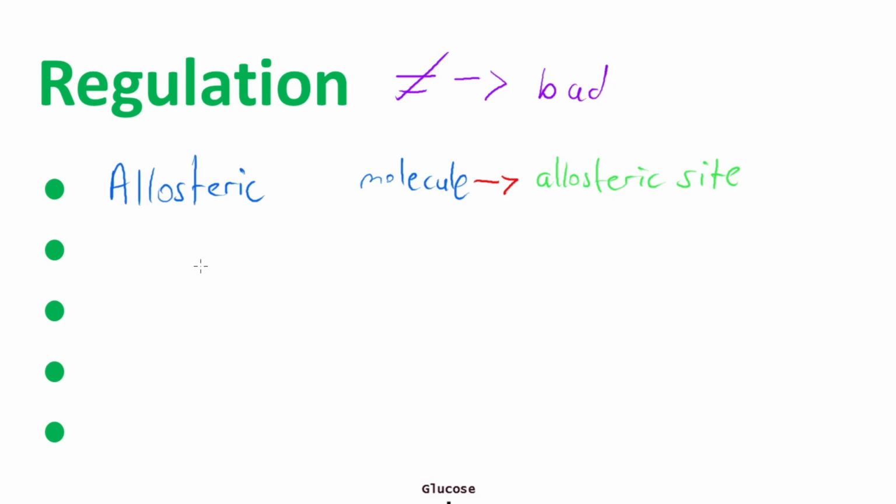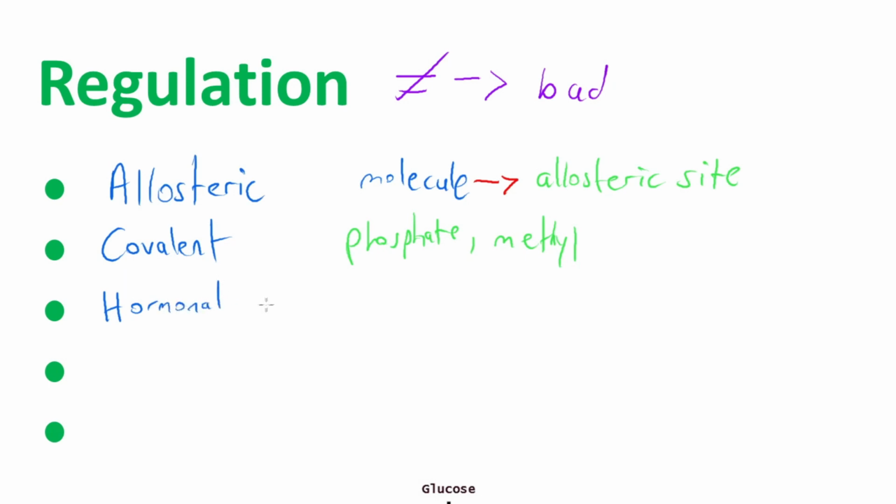Another form of regulation, which is also pretty common, is covalent regulation, and this means having covalent binding of molecules, such as covalent binding of phosphate. So you have phosphate groups. You can have methyl groups. Another way is hormonal.